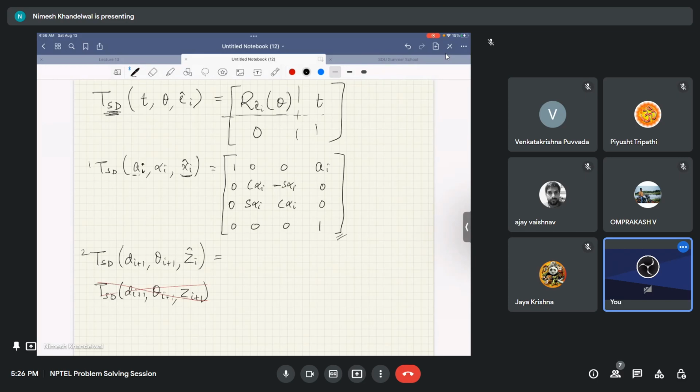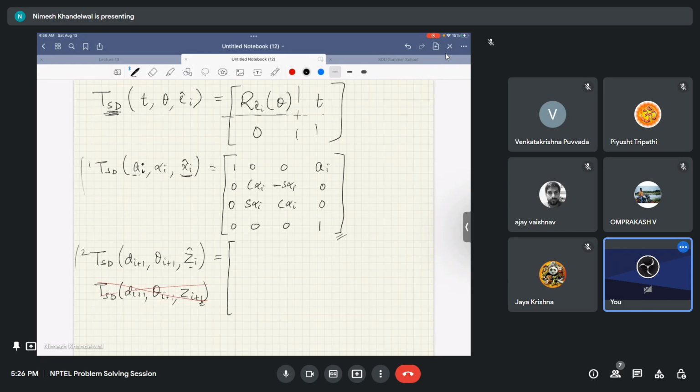I will tell you, after I've derived the transformation matrix, what is actually the difference in using this zi and zi plus 1. You can also make it out that if I use zi plus 1, then the difference comes if you have to pre-multiply or post-multiply this second transformation with the first one.